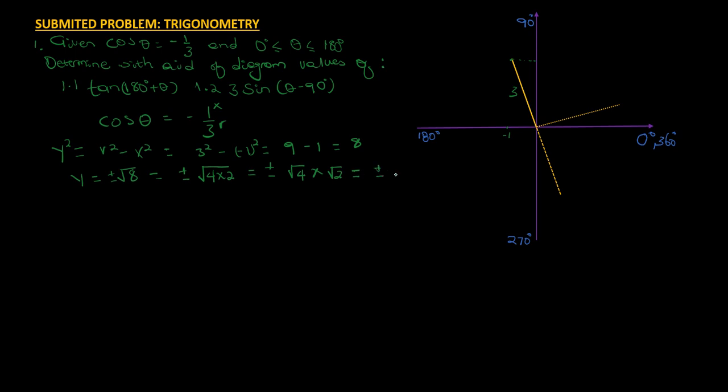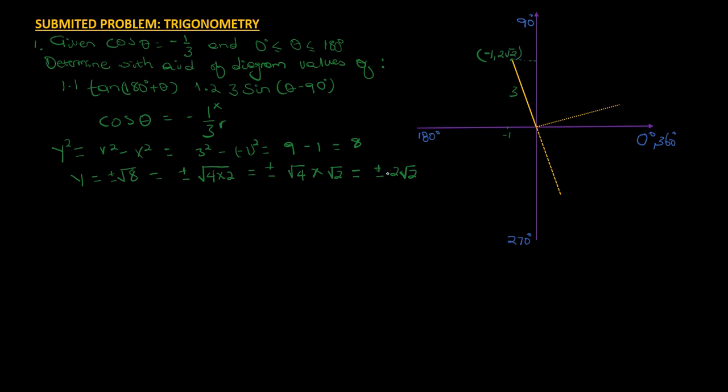So now this is plus or minus 2 square root of 2, and this is a set form for our y. So now we've got all three properties. We've got our x as negative 1, we've got our y as 2 square root of 2, so the point there is negative 1 and 2 square root of 2.